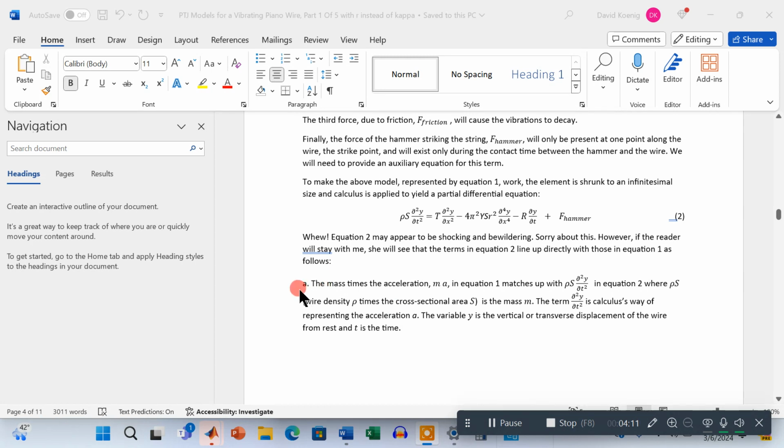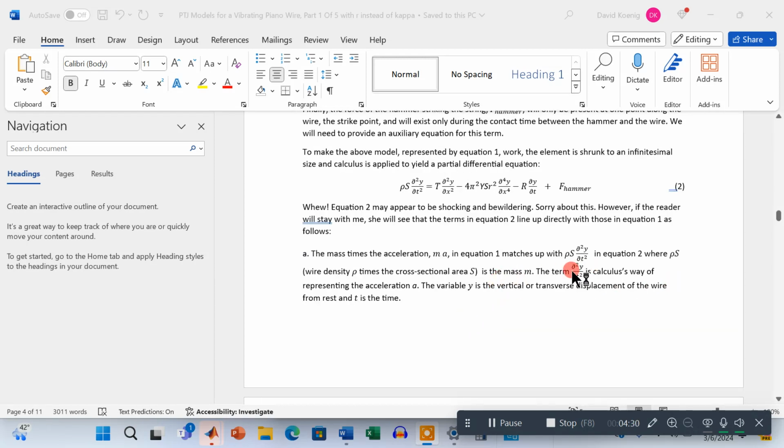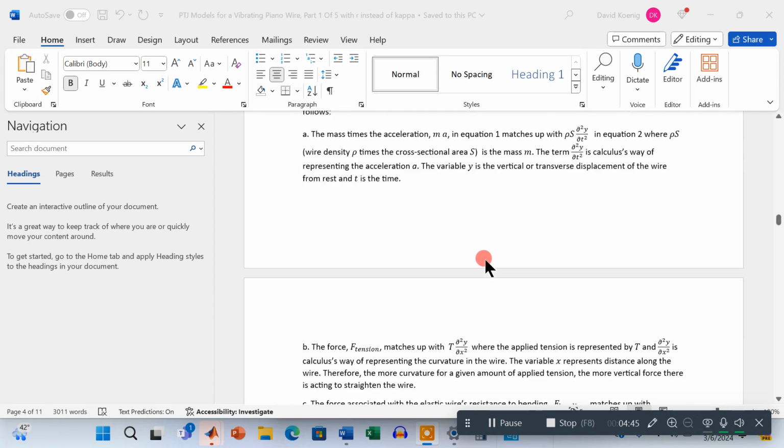Okay, here are these individual terms. This is the mass times acceleration, ma, is equal to this rho S times the second partial of y with respect to time, t. Rho is the density, S is the cross-sectional area. The second partial derivative of y with respect to t is the acceleration, a, and the variable y is the vertical displacement.